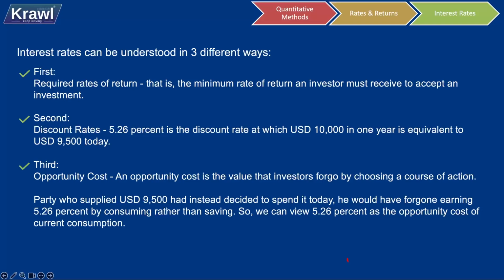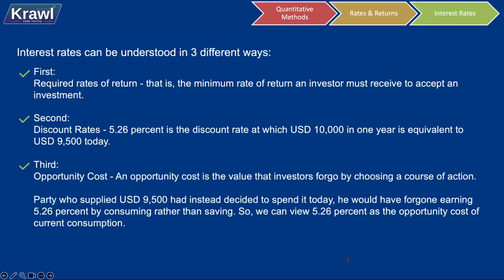So in the previous example, the party who supplied USD 9,500, there was somebody who was willing to use that 9,500 today. And so there was a supplier. The supplier who had in possession 9,500 USD, instead of consuming it today, decided to give it to someone else, and that someone else consumed it, invested it, and at the end of the 12 month period, had to return 10,000 USD.